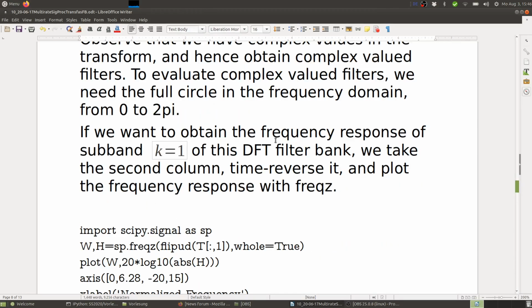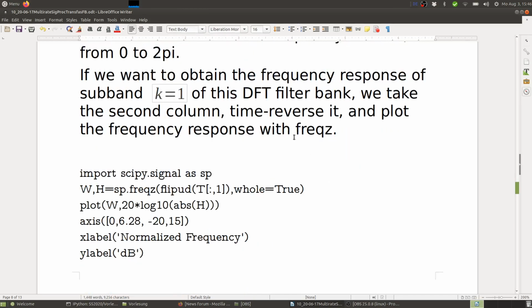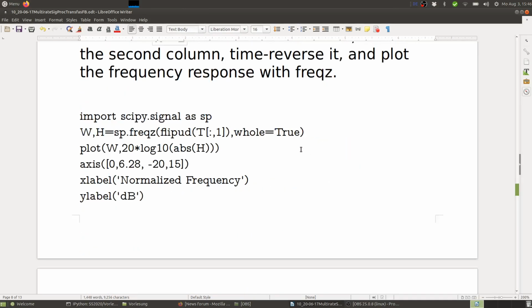If we want to obtain the frequency response of subband k equals 1 of this DFT filter bank, we take the second column, so 0 is the first, 1 is the second, time reverse it, and plot the frequency response with freqz. Right, so here you can see it. First I need to import scipy.signal as SP, because that contains freqz, which I apply here in the next row.